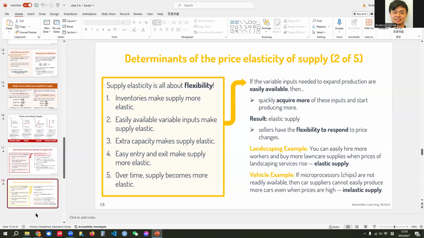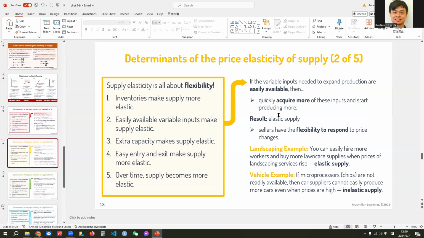right? And if we have easily available inputs, again, if I observe the price increase, then I can purchase those inputs because they are easily available. I can hire more production lines, I can hire more workers to work overnight, to work 24/7, to make sure that I can increase my quantity supplied to meet the need, right?